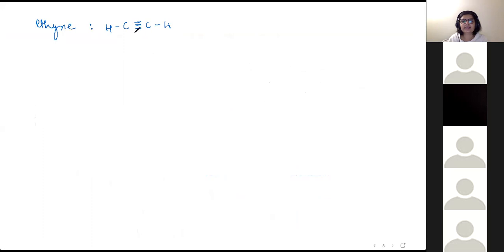Alkynes are recognized by their triple bond. In a triple bond, the first overlap is sigma and the other 2 overlaps are pi overlaps. So a total of 3 sigma plus 2 pi bonds.